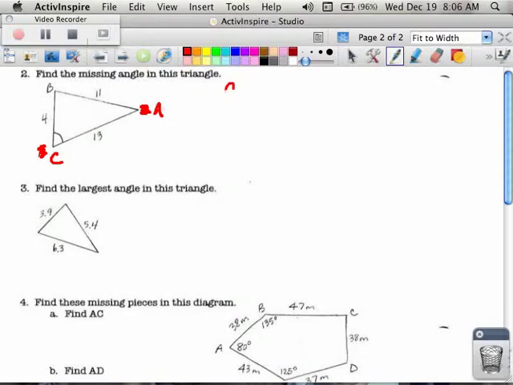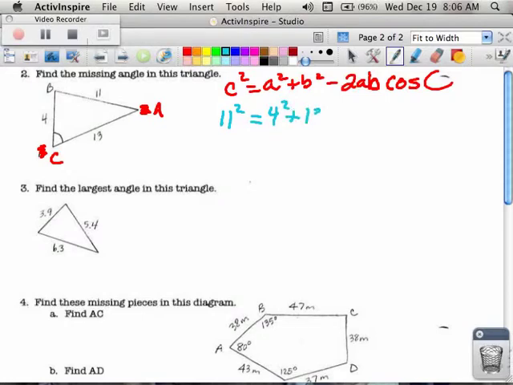The equation is c squared equals a squared plus b squared minus 2ab cosine of c. But this time, when you put things in, you'll notice that you get 11 squared, because that's what's across from the angle c, equals the a squared plus the b squared minus 2 times the a times the b times the cosine, and I don't know the angle c.